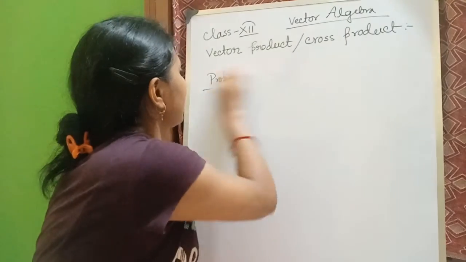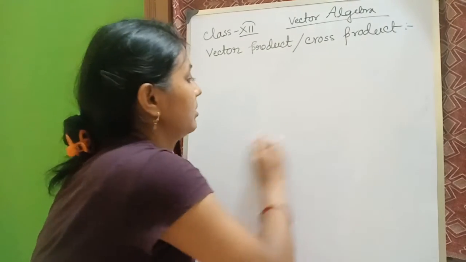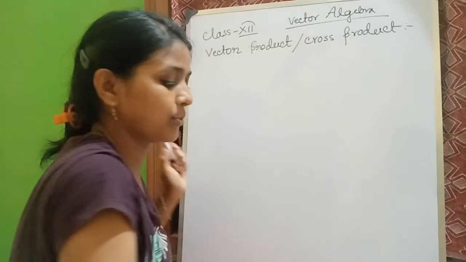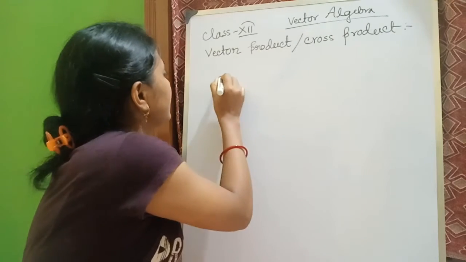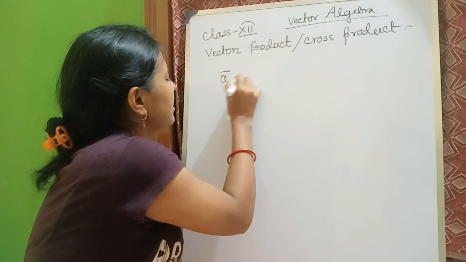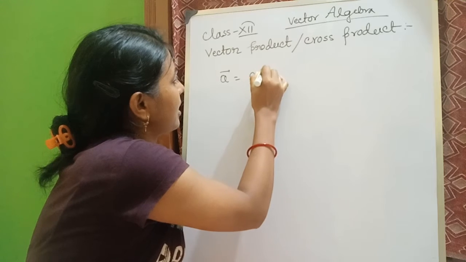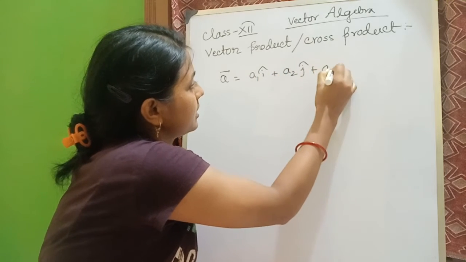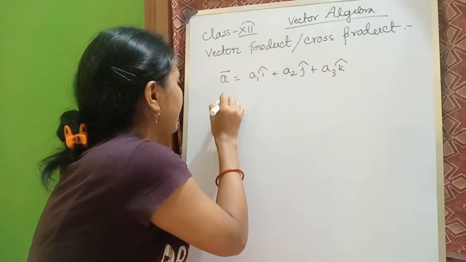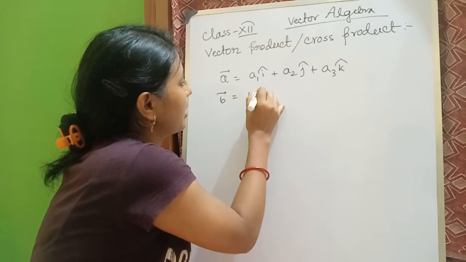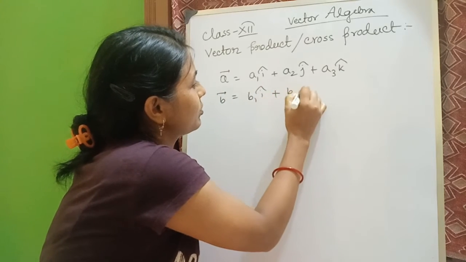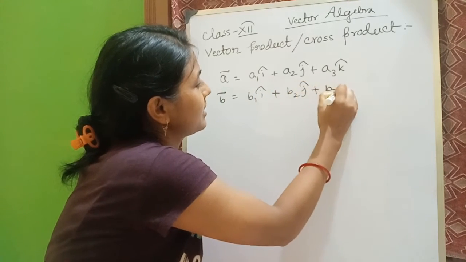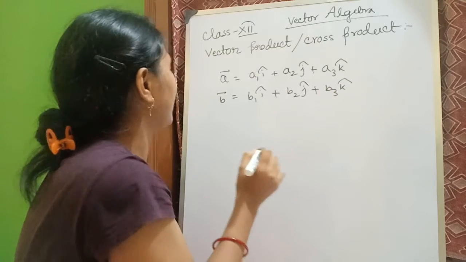Next one is our calculative way for finding the vector product of two vectors. Suppose A vector is given as A1 i plus A2 j plus A3 k and B vector is equals to B1 i plus B2 j plus B3 k.